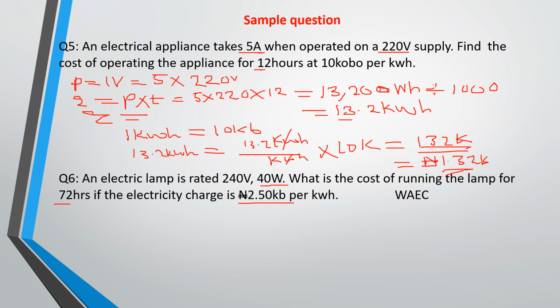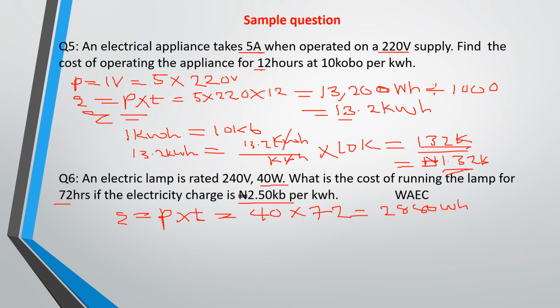So what we need to do here is that we already have the power, so energy consumption is equal to power times time. So that gives us 40 multiplied by 72. That will give you the energy consumption. So if you do that multiplication, you are going to have 2,880 watt hours.